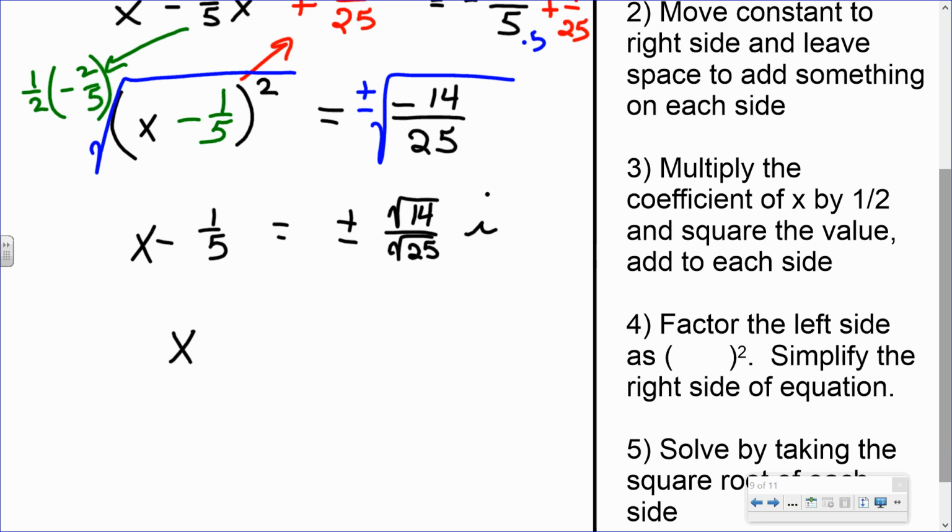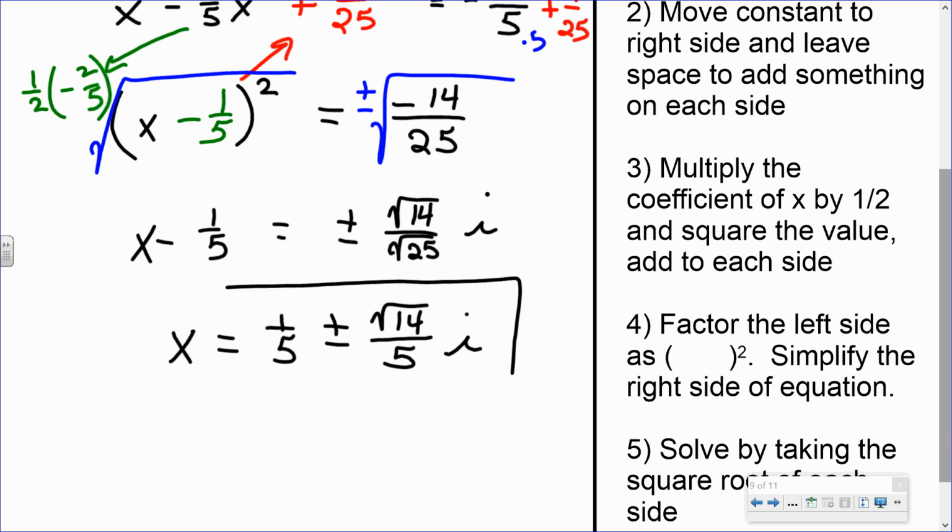So I add the 1/5 to both sides, plus or minus square root of 14/5 times i. It is already separated real and imaginary part. Anybody with questions on what all we have reviewed today?